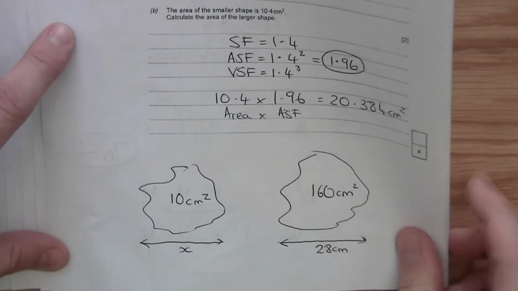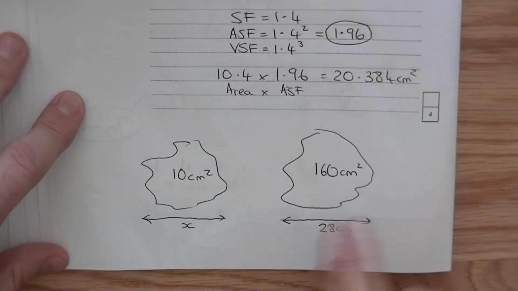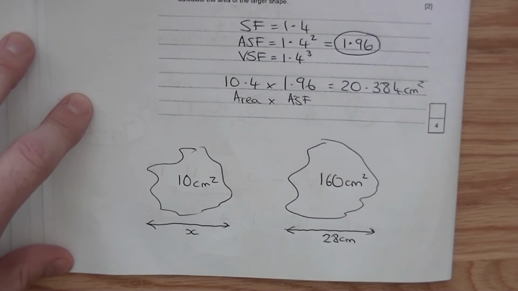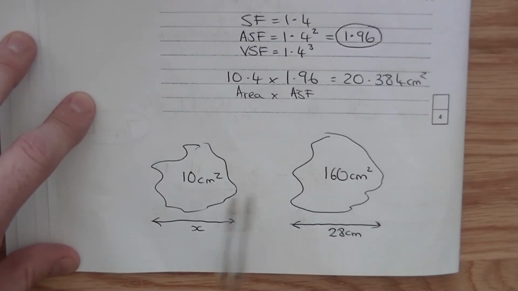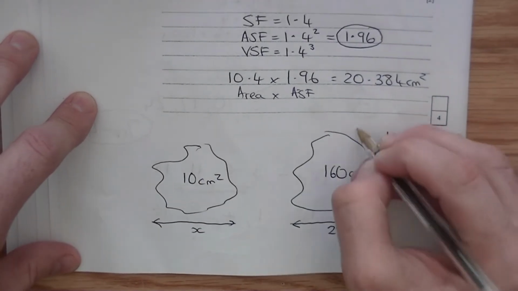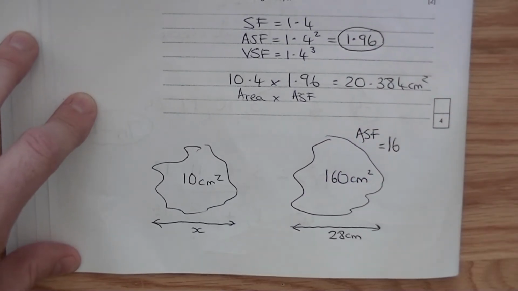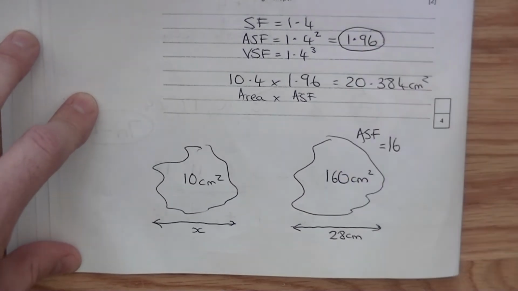Just out of interest, what if it looks fairly similar, clearly mine are just similar blobs, we'll call them. But I know the areas, and I'm missing a side. By doing 160 divided by 10, big divided by small, which is 16, what I've actually worked out is the area scale factor to be 16, not the scale factor. So I have to actually go backwards.